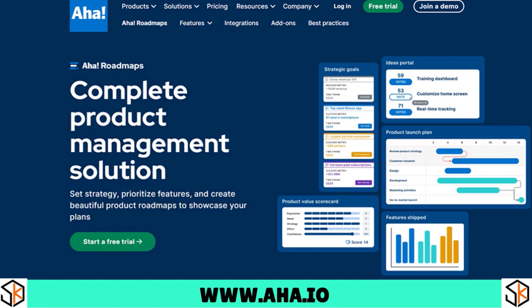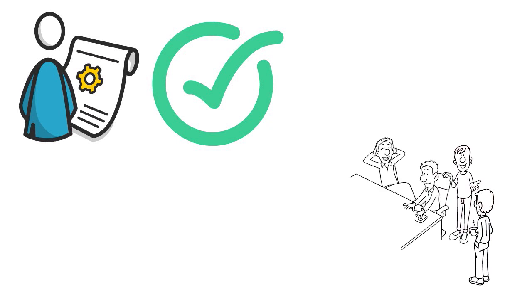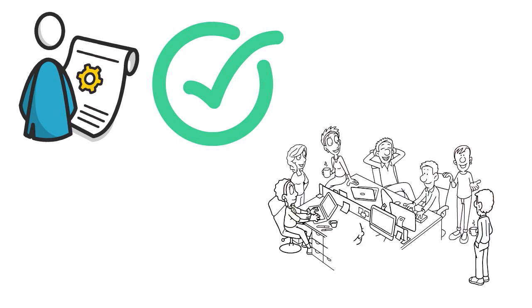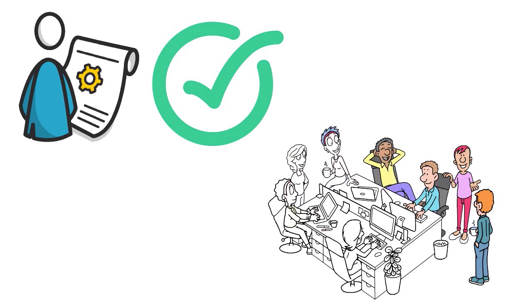plan writing. And what we love about AHA is that you have a comprehensive feature set and strategic planning capabilities. So AHA is really versatile in terms of project management. So all kinds of teams can use AHA for business plan writing.